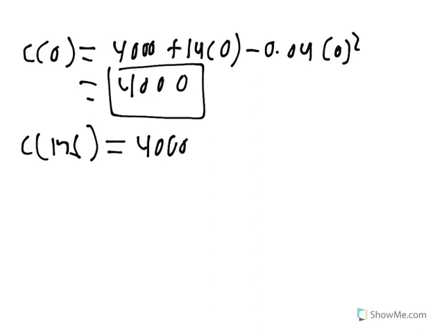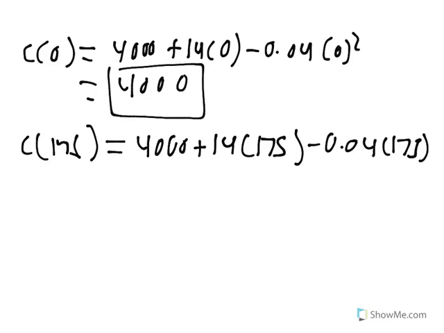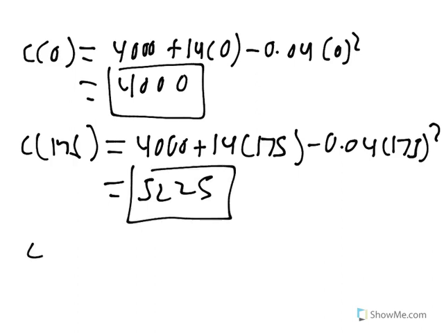So you have 4,000 plus 14 times 175 minus 0.04 times 175 squared. So that equals 5,225. And then you have C at 500. Same math, plugging 500 into the original cost function, you're going to get that it equals 1,000.